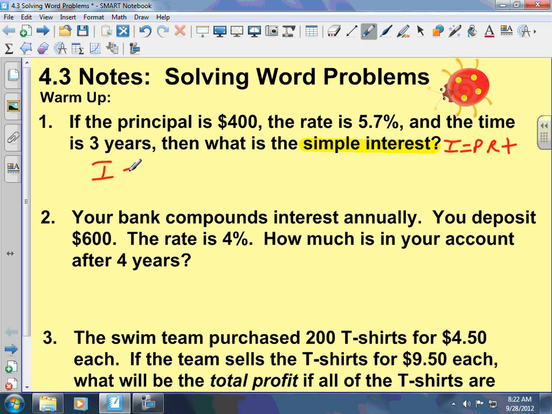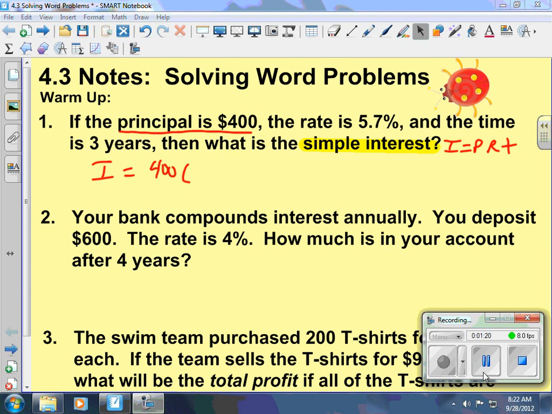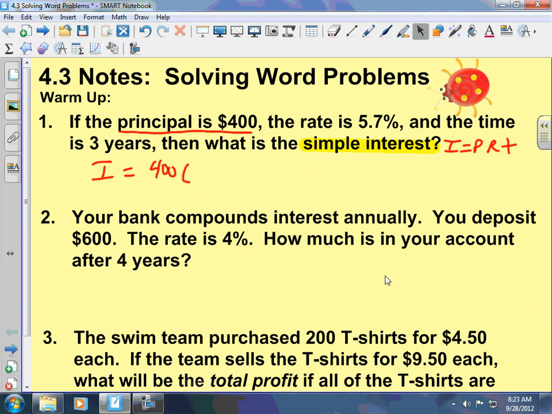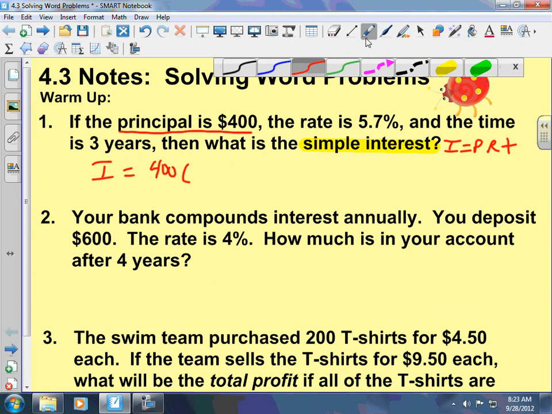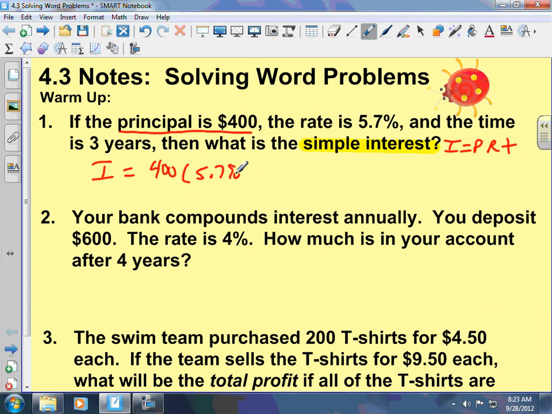So your interest equals, your principal is the money you have in the bank, so that's 400, times the rate is 5.7%. Do not forget the percent.